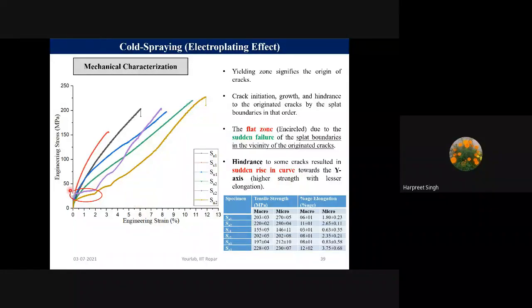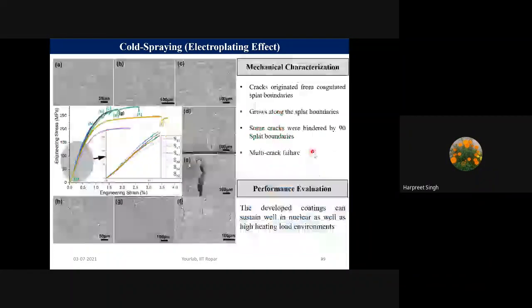So Surinder might have seen this flattening of curves, and he saw that, and then he tried to correlate why it is flattening. So he says the flat zone is due to sudden failure of flat boundaries in the vicinity of the originated cracks and so on. I mean, these are more insights you can keep on concluding from these.